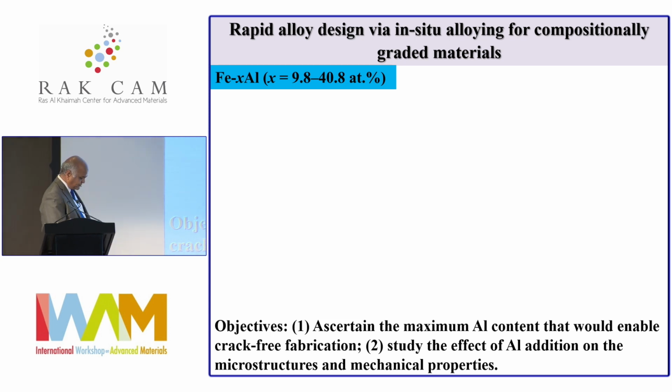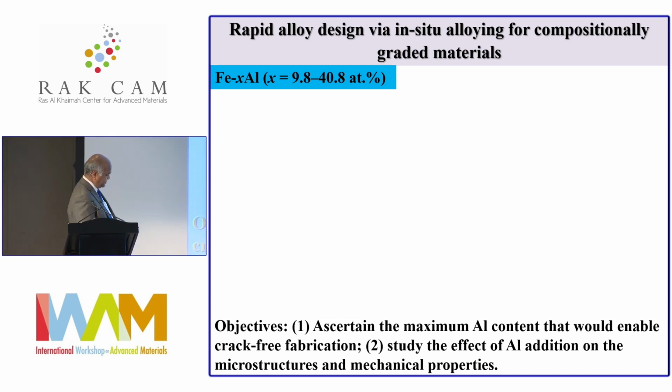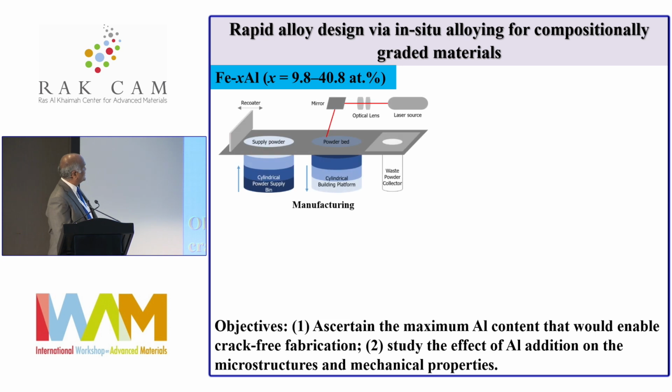Because aluminum is much lighter, 2.7 grams per cubic centimeter. But adding aluminum makes iron very brittle, and especially 3D printing may not be ideal. So what we wanted to see is the maximum aluminum content that would enable us to do crack-free fabrication, 3D printing, and of course, look at the mechanical properties.